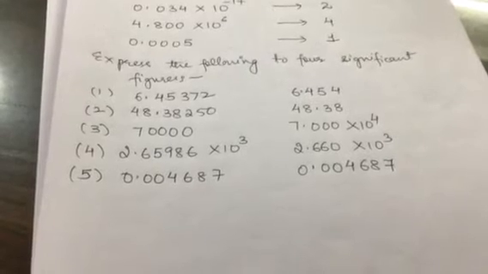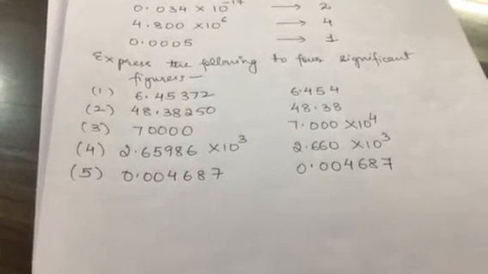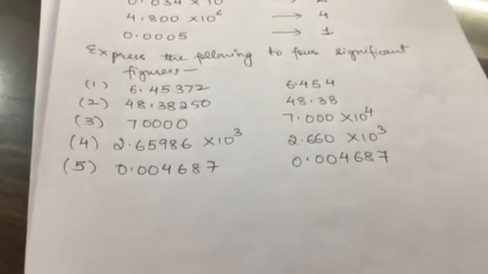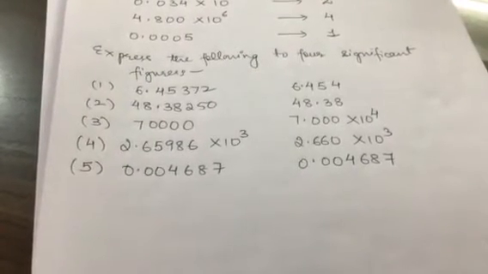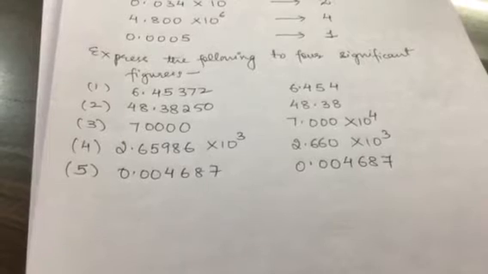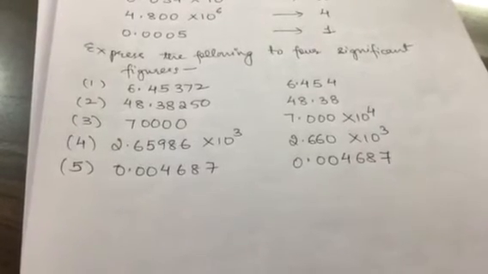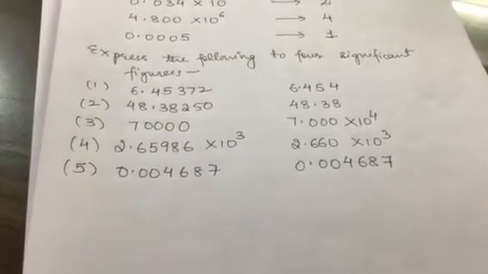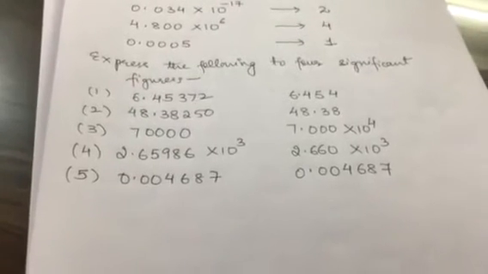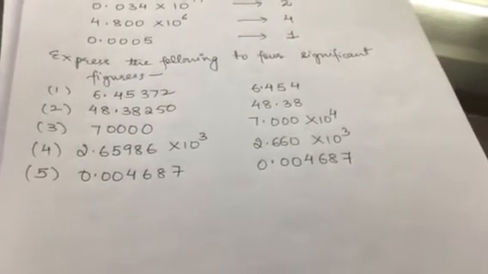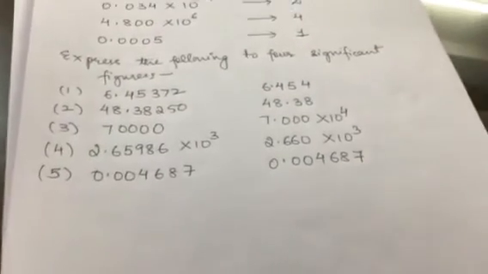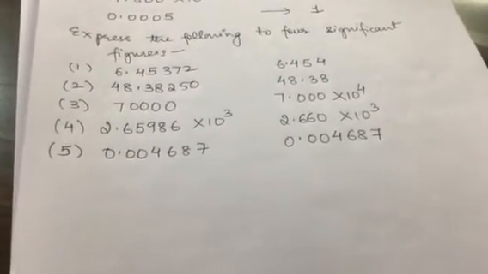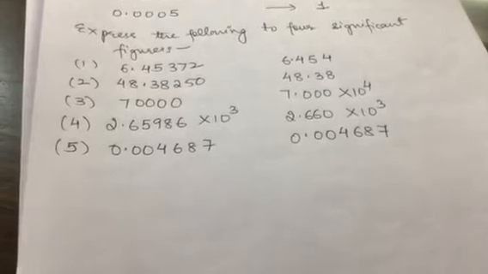So 6 I have to take, the decimal is there and I cannot remove it, I cannot change mathematics. 5 will also remain. Now what I have done is I have rounded off 372 to 400. Okay, so 372 is more than 350, so it goes to the side of 400. So we have taken 6.454 as the number.